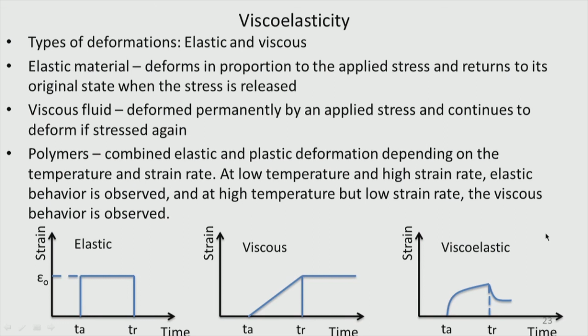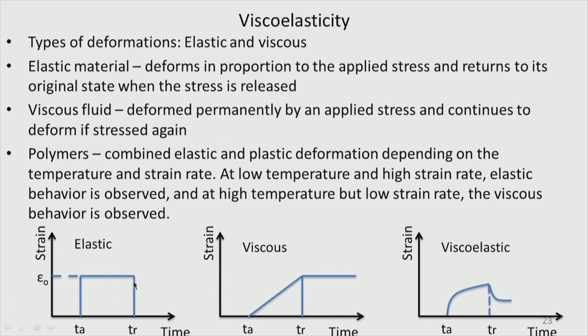Viscoelasticity, we again defined it a long time back. We can have an elastic and a viscous response. The elastic material deforms in proportion to the stress, and returns to its original state when the stress is released. So if I apply a certain stress, the strain is here, and until the stress is maintained, the strain stays here.